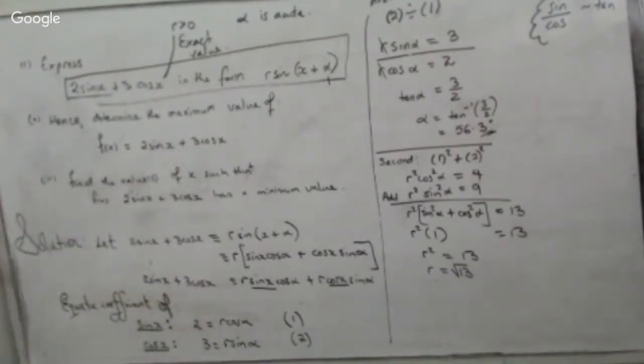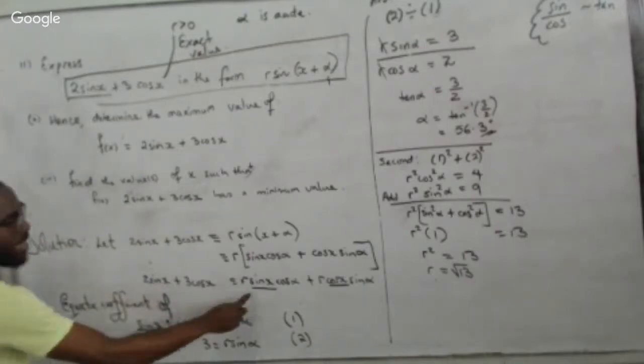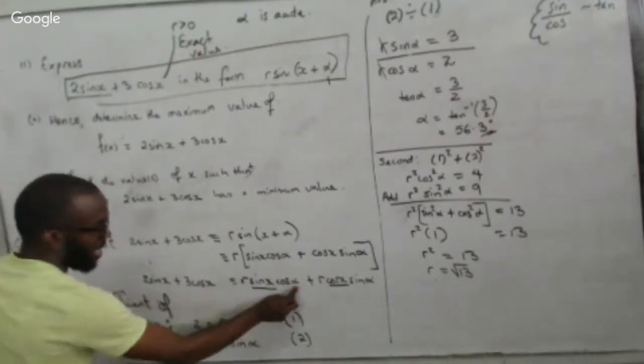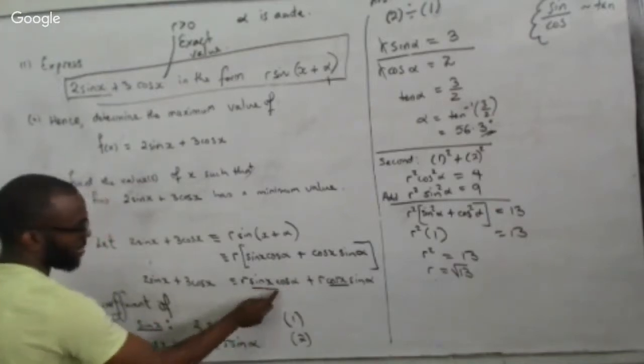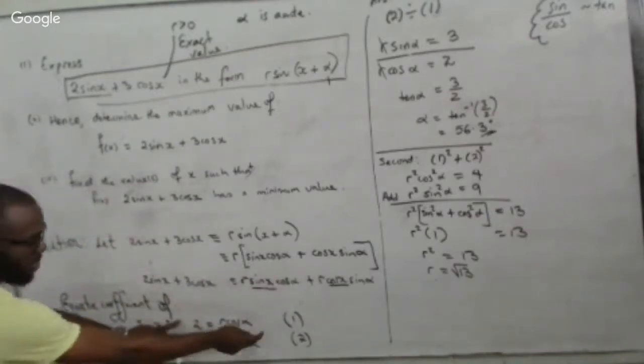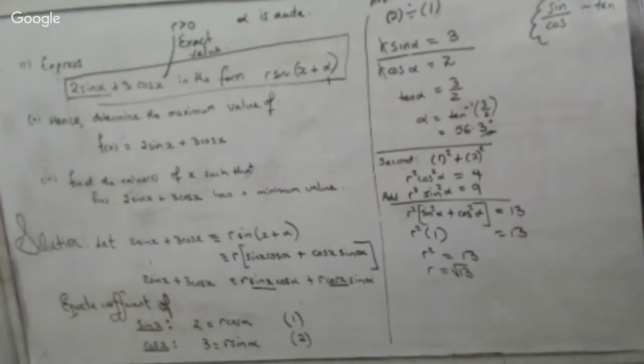In that case, I get 2, because 2 multiplies sine x on this side, and r cosine alpha multiplies sine x on this side. That's what it means to equate coefficients: whatever multiplies the respective term on either side must be equal, for me to say the two expressions were equal to begin with.